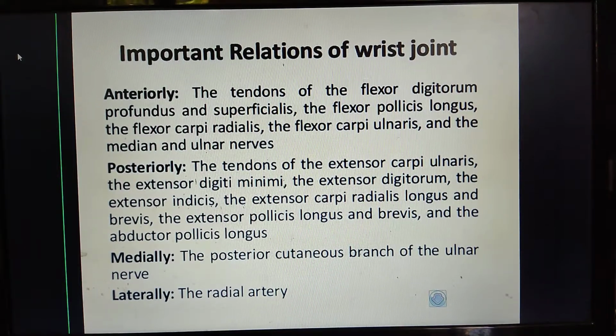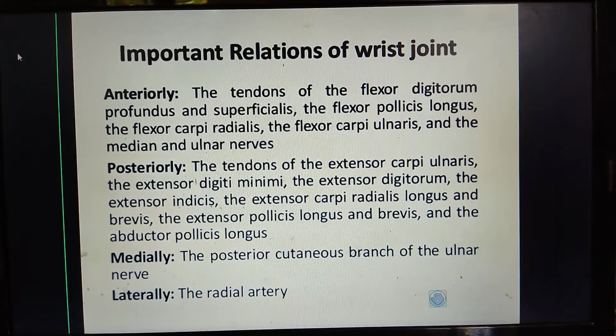Now these are some of the important relations of the wrist joint. Okay, this you can understand from your knowledge of dissection. Anteriorly, you have the tendons of the flexor digitorum profundus and superficialis, the flexor pollicis longus, the flexor carpi radialis, the flexor carpi ulnaris.